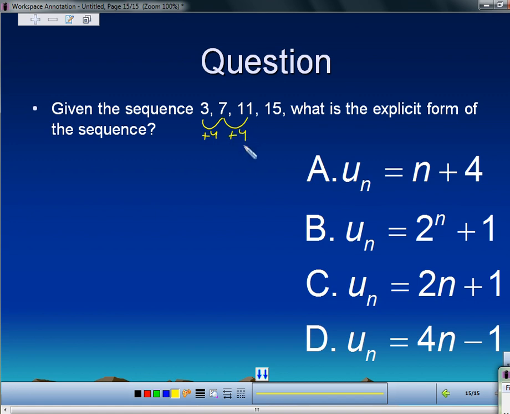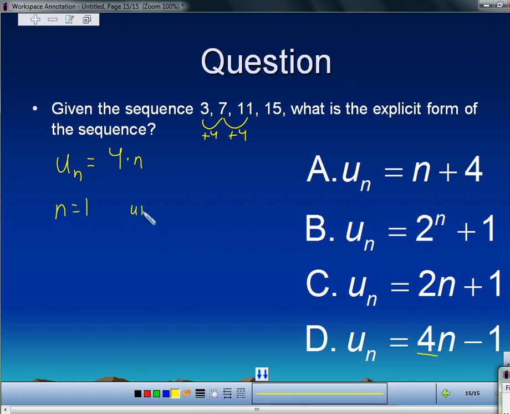So because we're adding 4 repeatedly, that's what we're going to multiply by. In fact, that could have gotten you to the answer very quickly. The other way to do this, we know that U sub n is equal to 4 times n plus or minus something.